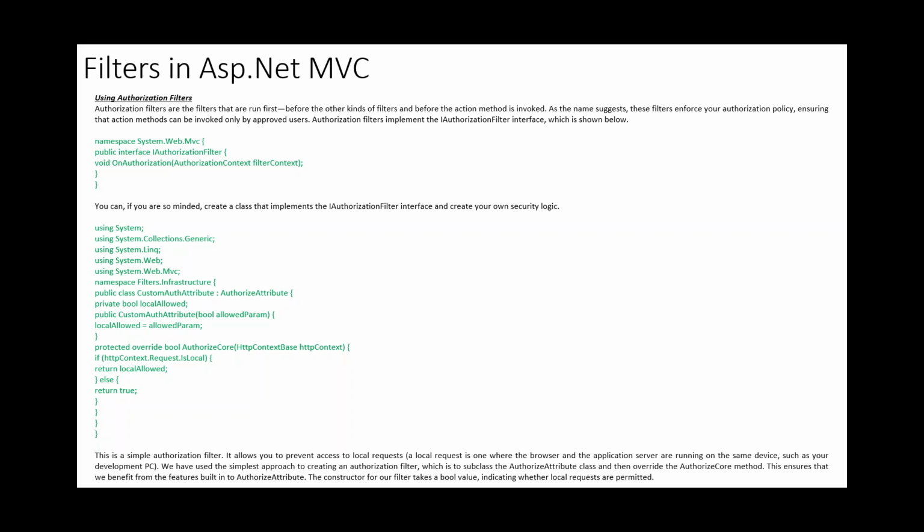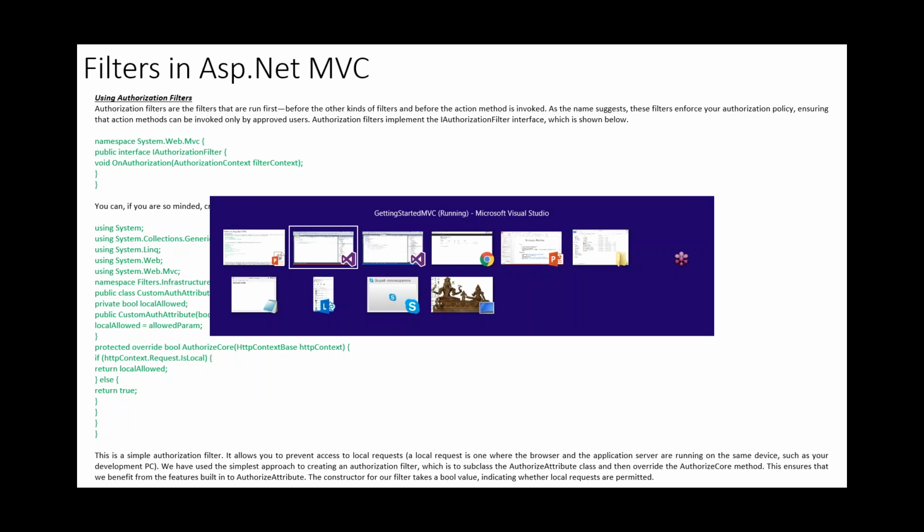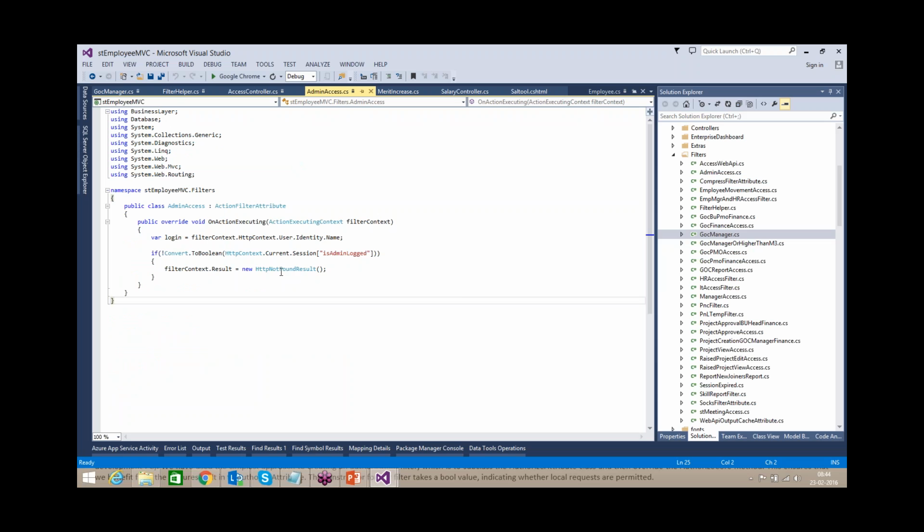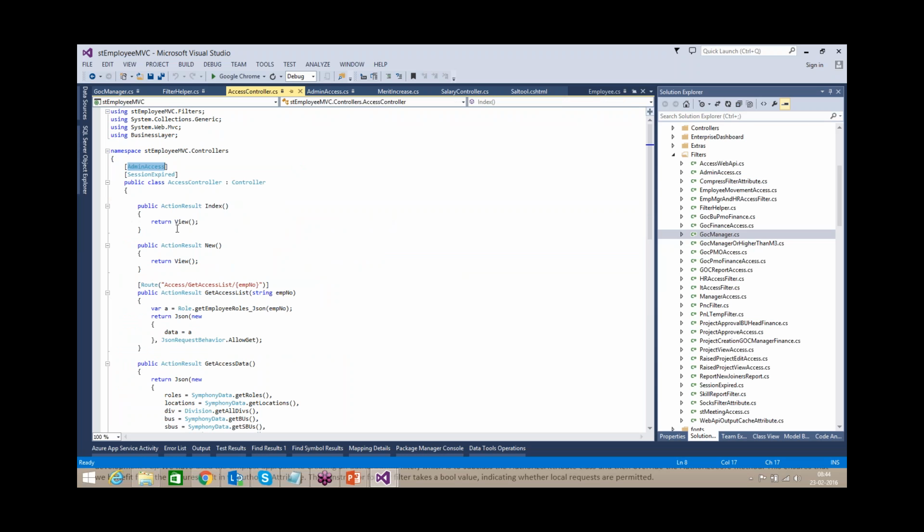So if the user is a valid user, then you can allow him access. Otherwise, what I am doing here is returning HttpNotFoundResult. If the logged in employee is not an admin, and he tries to access this particular page, we are not allowing them to access this view.